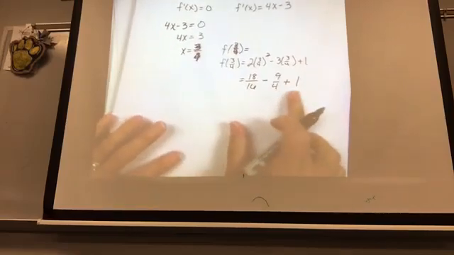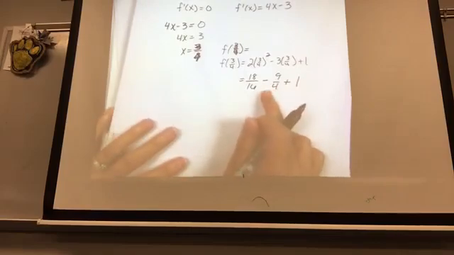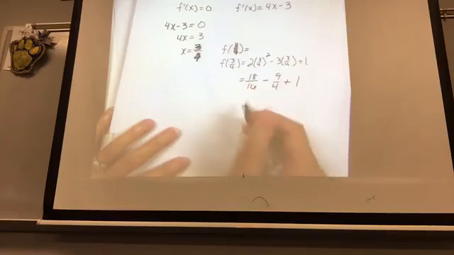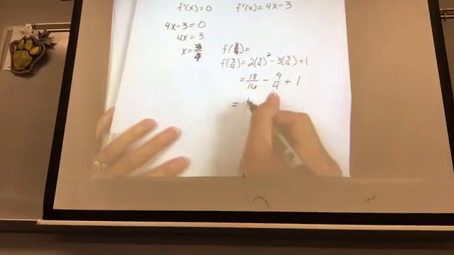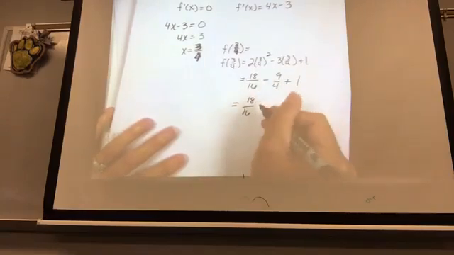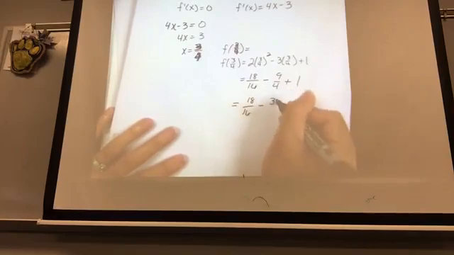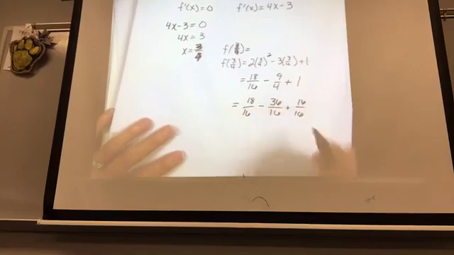So let's make these all have a common denominator. Can you write that one as a 4? Oh, wait, no, you can't. So all as 16ths. So 9 times 4 is 36, 4 times 4 is 16, plus 16/16.